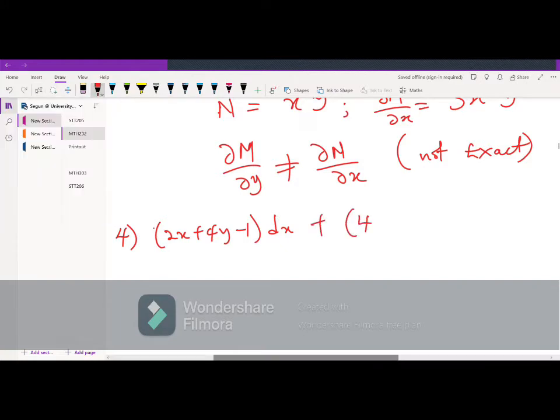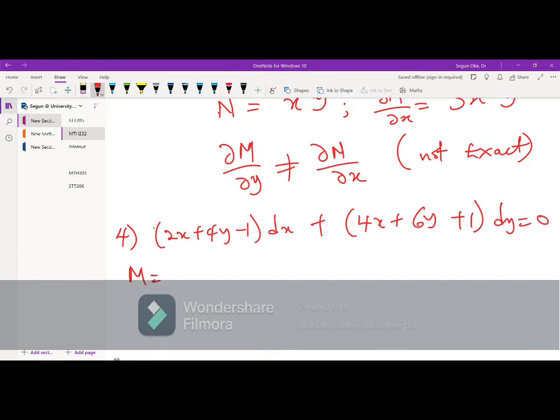Plus (4x plus 6y plus 1) dy equals 0. So in this case, our M is equal to 2x plus 4y minus 1.